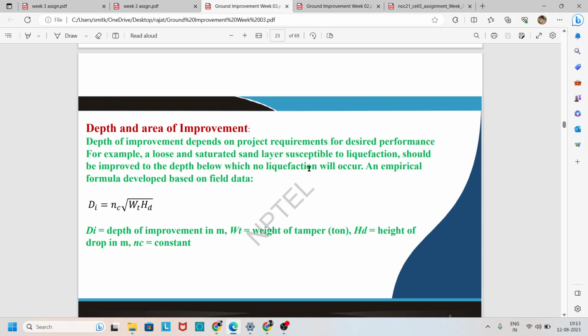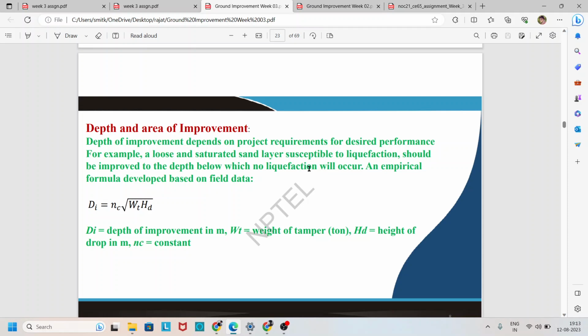It is given by one empirical formula, D_I equals n_c root over W_T H_D, where n_c is a constant which depends upon the degree of saturation of the ground condition and also upon the types of geomaterials, which I already discussed, classified in three types. W_T is the weight of the tamper in ton, and H_D is the height of the drop in meter.